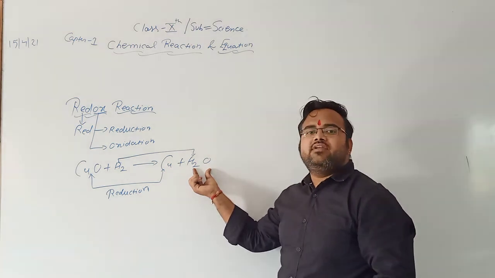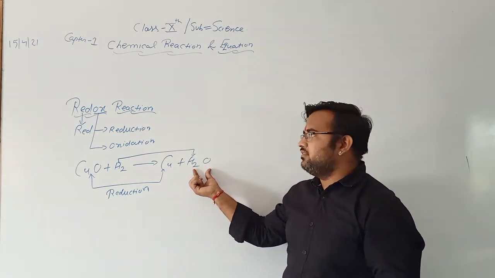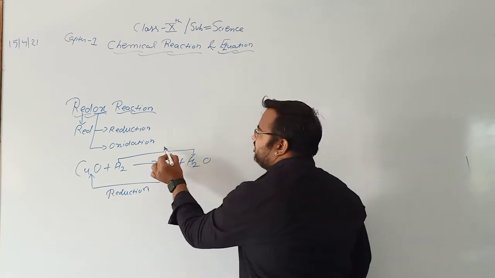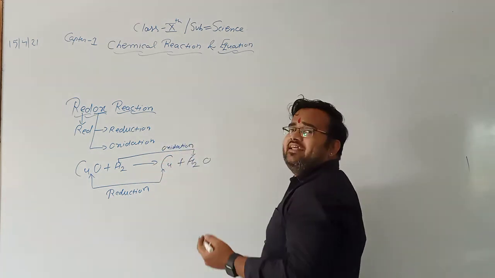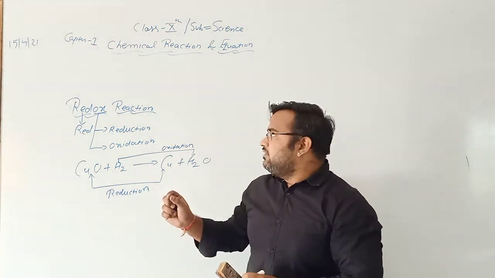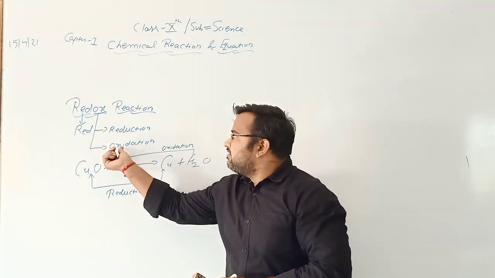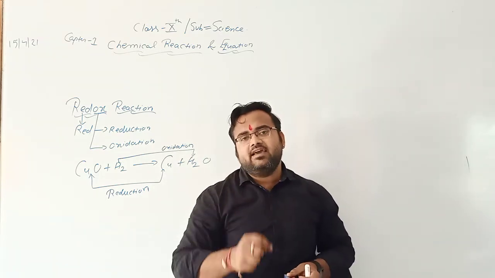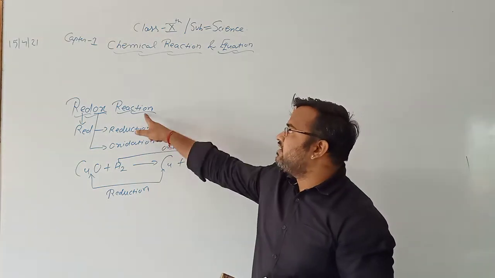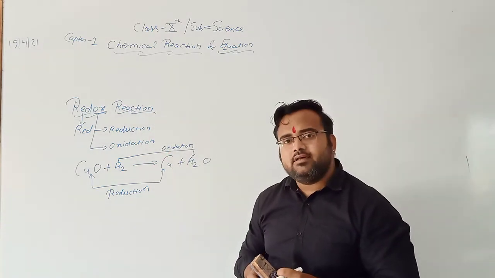So according to the definition, if any element gains oxygen, that reaction is oxidation reaction. So we can conclude that when oxidation reaction and reduction reaction take place simultaneously in one reaction, that reaction is known as redox reaction. Clear?